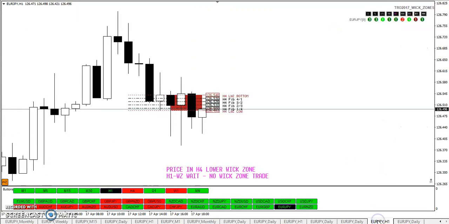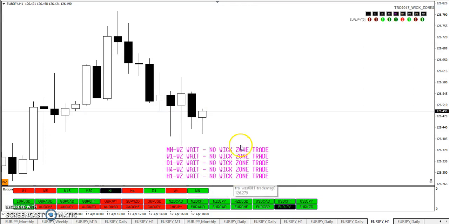Okay, we've looked at that screen. Once again, showing the wick zones, meaning more than one. So we've got price in the H4 lower, H1 wick zone, wait. Okay, no wick zone trades now. Price has moved out of the wick zones.